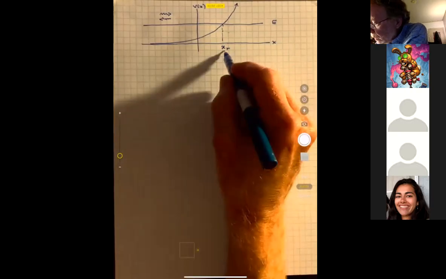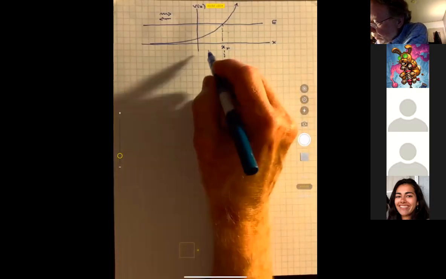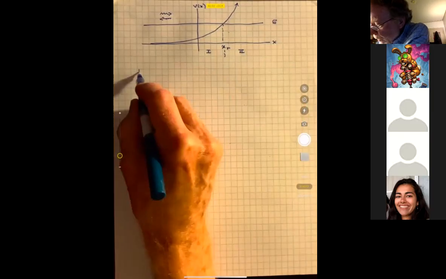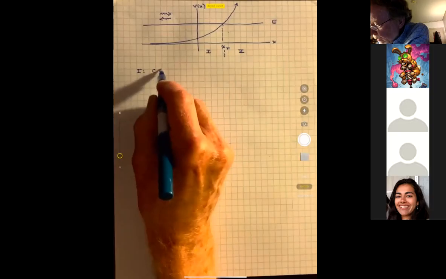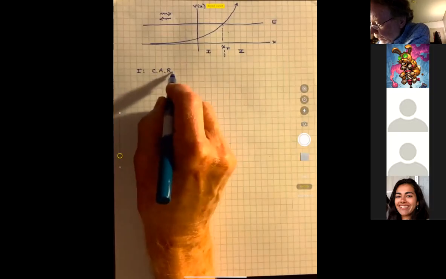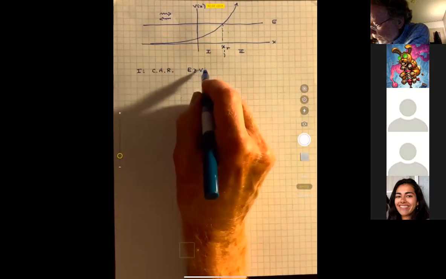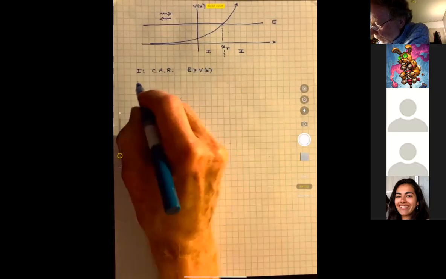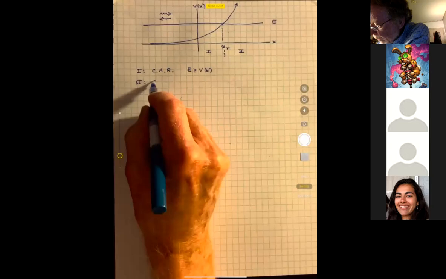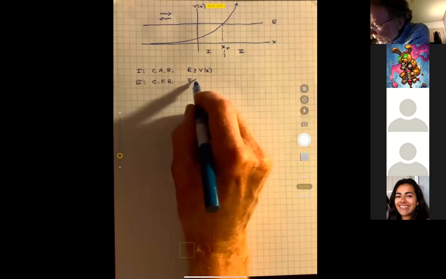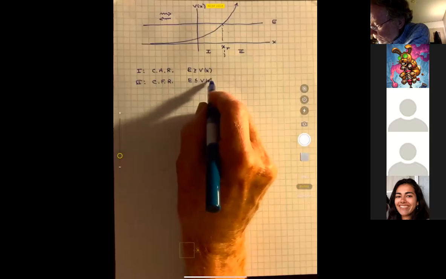All right. Now then, there are two regions here, which I'll call 1 and 2. Region 1 is the classically allowed region, or CAR. This is the region where the energy is greater than or equal to the potential energy V of x. And region 2 is the classically forbidden region, CFR, where the energy is less than or equal to V of x.